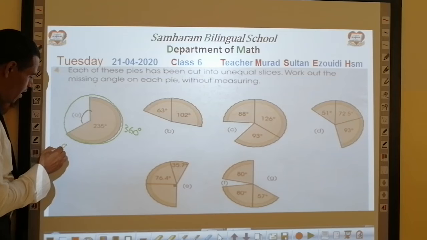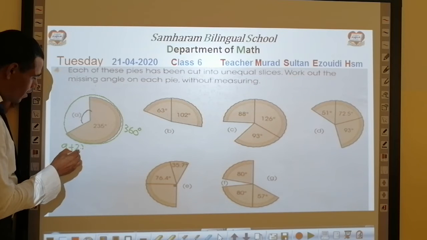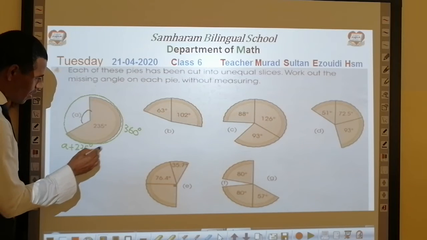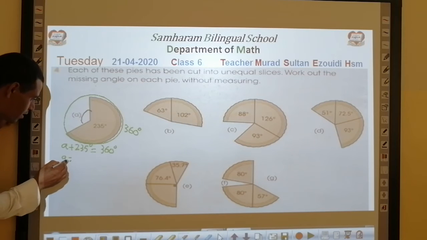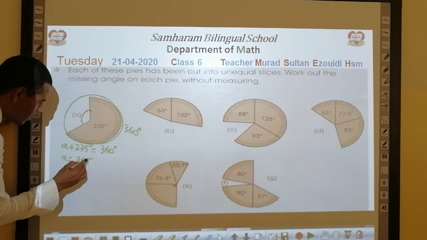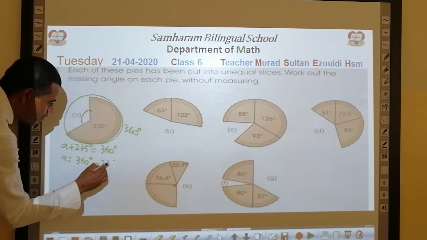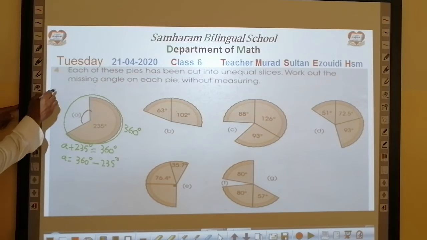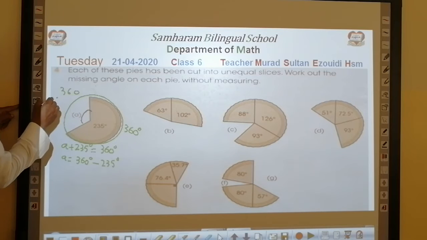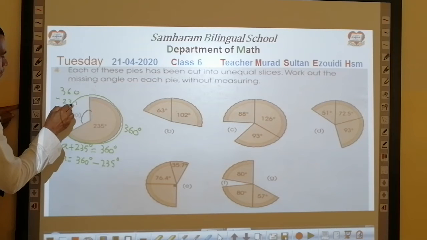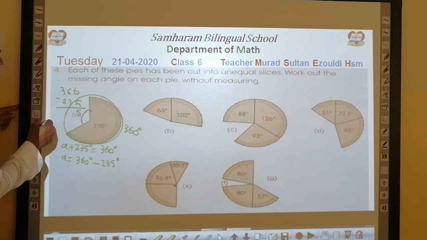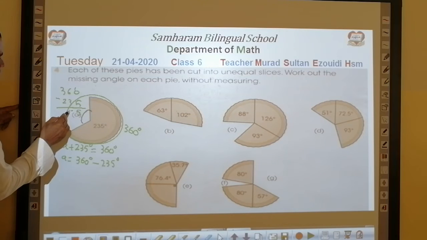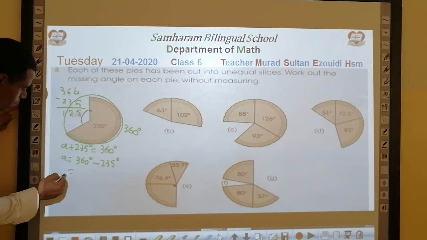To find A, I will make A plus 235 degrees equal 360 degrees. So A equals 360 degrees minus 235 degrees. 0 minus 5 not possible. 10 minus 5 is 5, then 6, 2, then 1. It will be equal to 125 degrees.